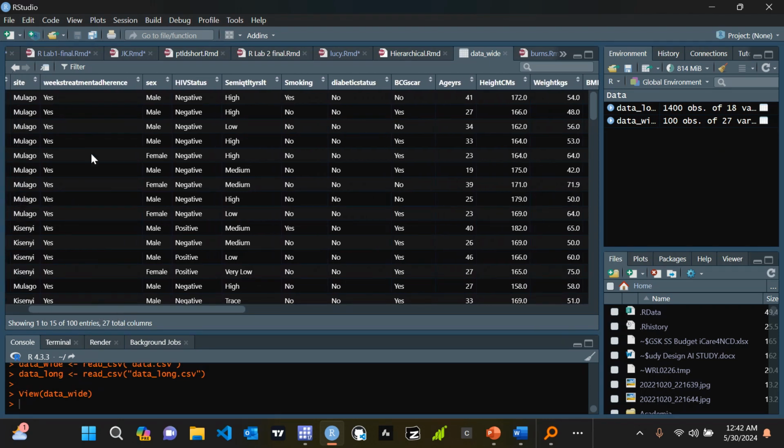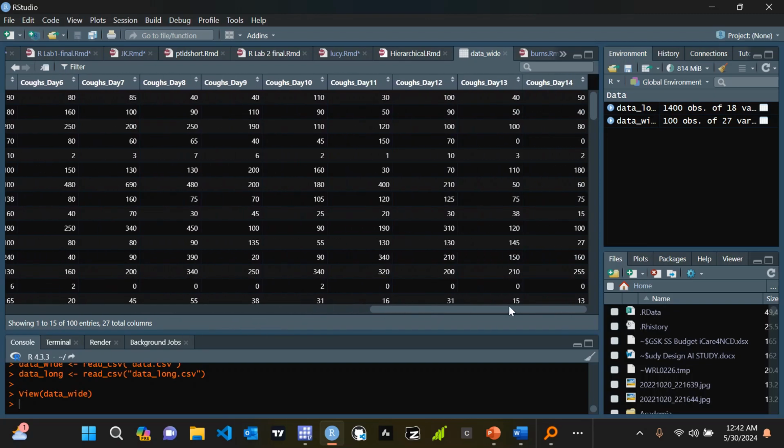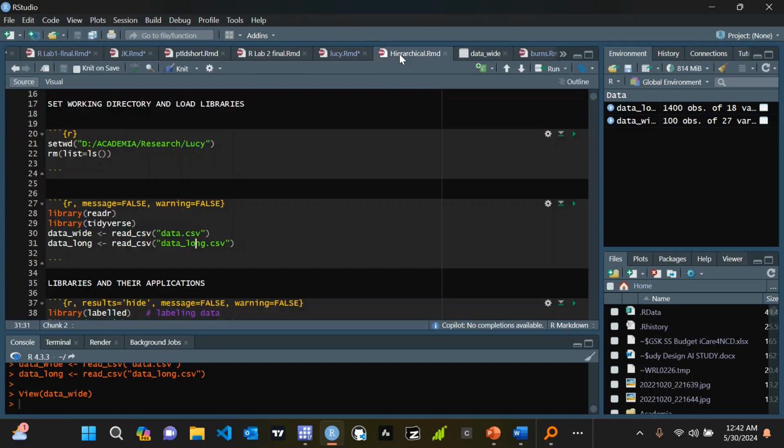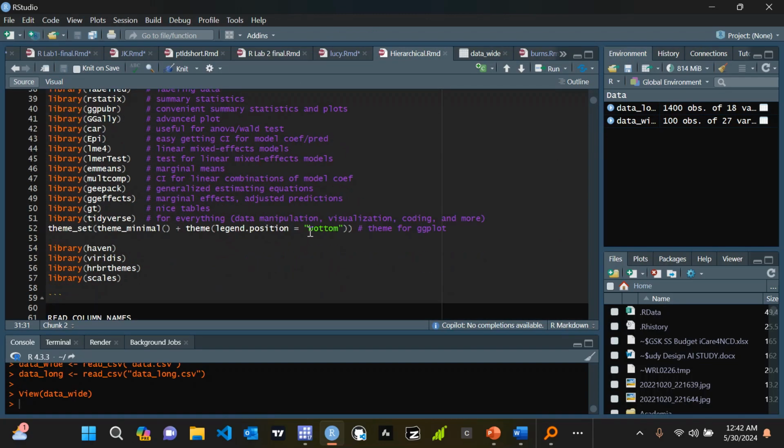There are 2 study sites. We have weeks on treatment, the gender, HIV status, smoking, DM, age, and things like that. Then we have cough frequency on day 1, cough frequency on day 2, up to day 14, the first 2 weeks. So we go ahead and load the different libraries.